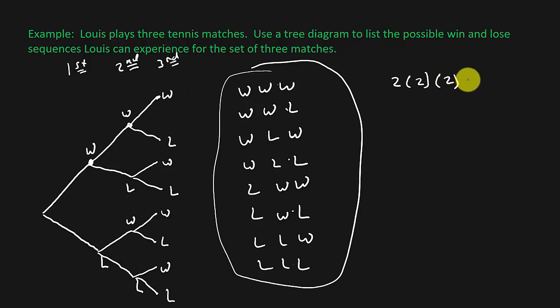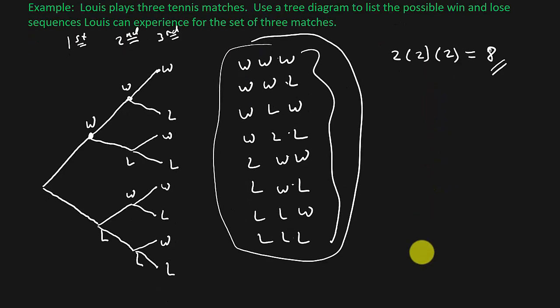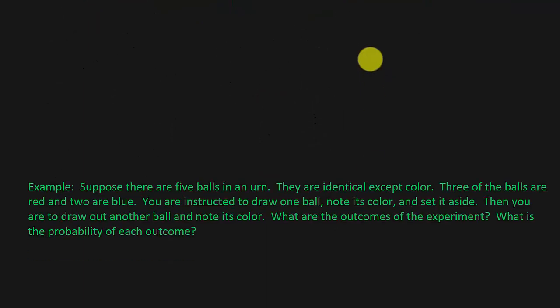So 2 times 2 is 4, times 2 is 8. And you can see there's 8 different outcomes, and that's what we got here. So you can see the tree diagram really helps you visualize everything. And that multiplication principle up there, like I said, just tells you the number of outcomes. But with the tree diagram, it's easy to write down all the different outcomes.